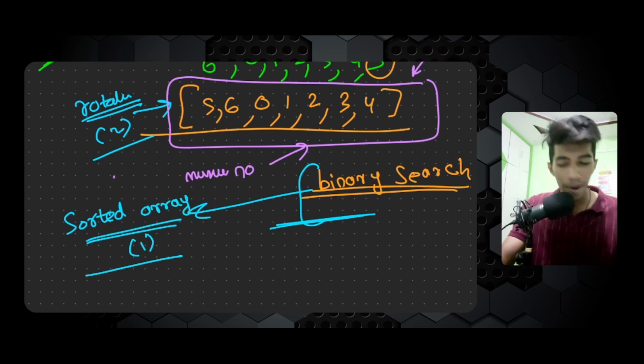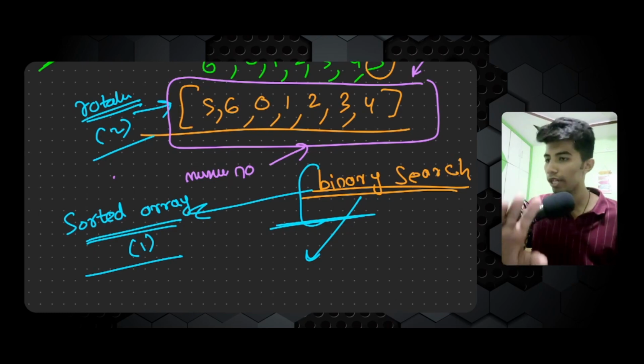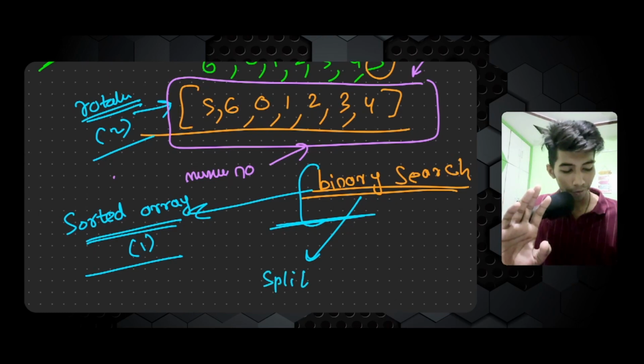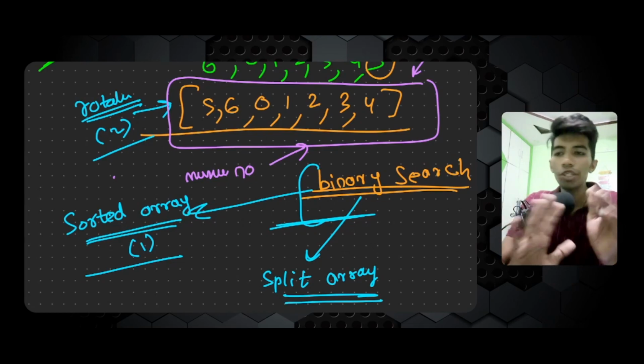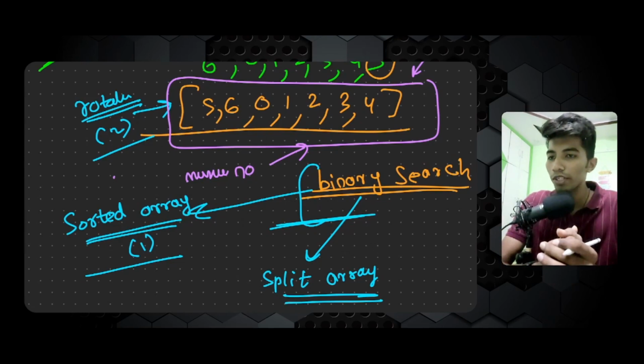You can apply binary search to a sorted array only. The second thing I will make very clear, guys, is that binary search actually helps to split the array. We can split the array by using binary search. You have to keep these 2 things in your mind while solving this problem, so it will be very easy for you to understand.